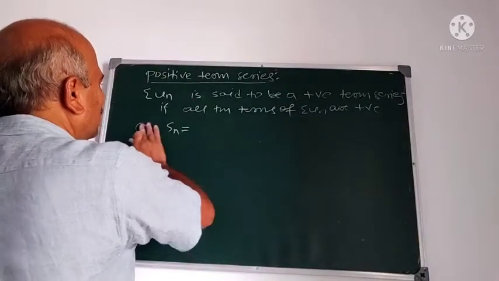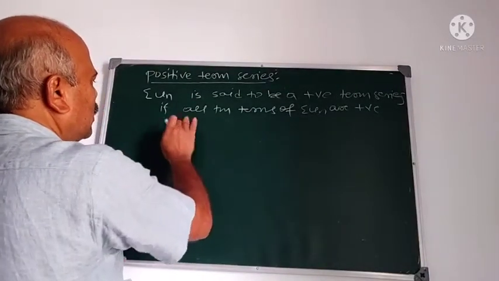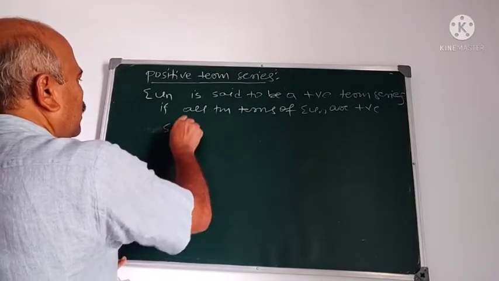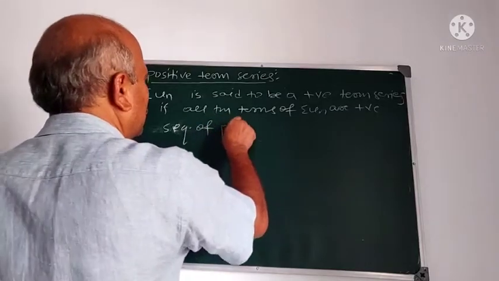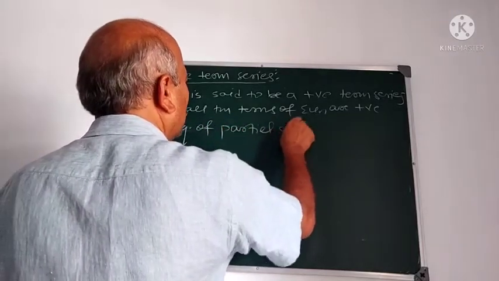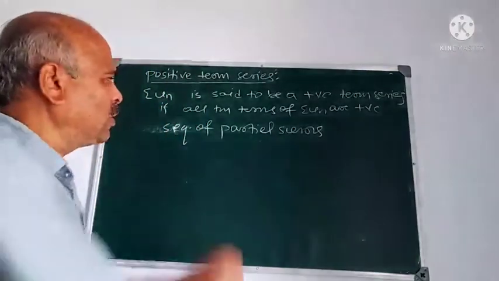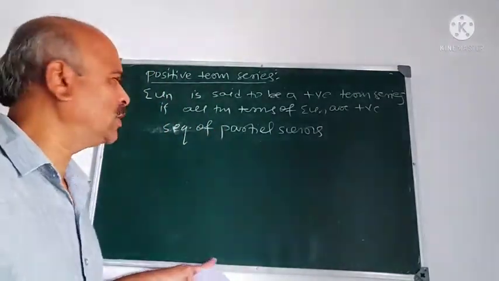Here it converges or diverges because we consider the sequence of partial sums. When do you say that the series converges? When the sequence of its partial sums converges. That is the definition.